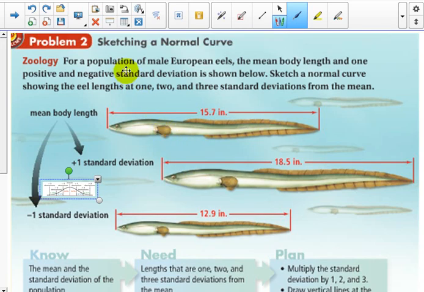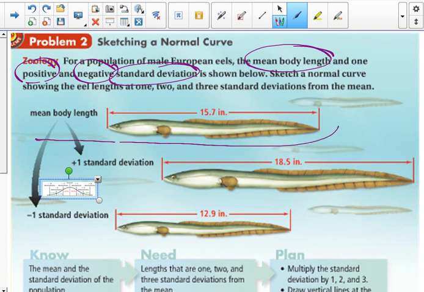It says in zoology, for a population of male European eels, the mean body length and one positive and negative standard deviation is shown below. So they're giving us the mean body length and one positive and negative standard deviation. Okay, so let's see what that is. Here's the mean body length.